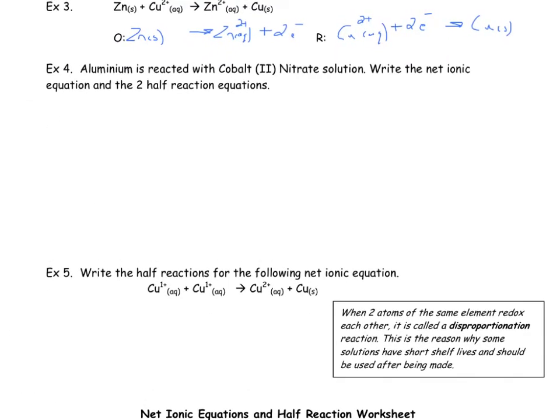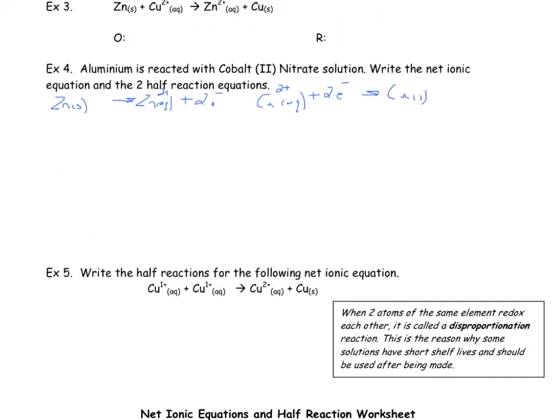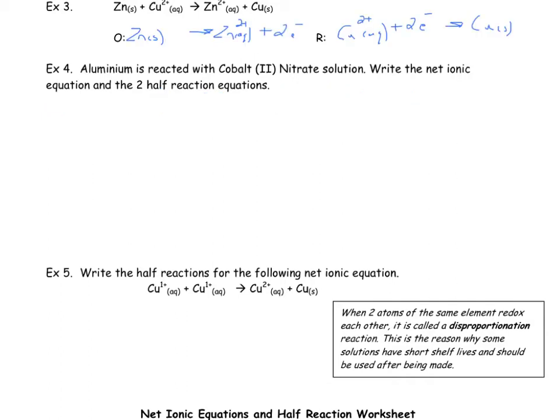Pause the video here and try out example 4. This combines both writing a net ionic equation and then changing it into two half reactions. Here's the answer for example 4. Start by writing the balanced chemical equation.